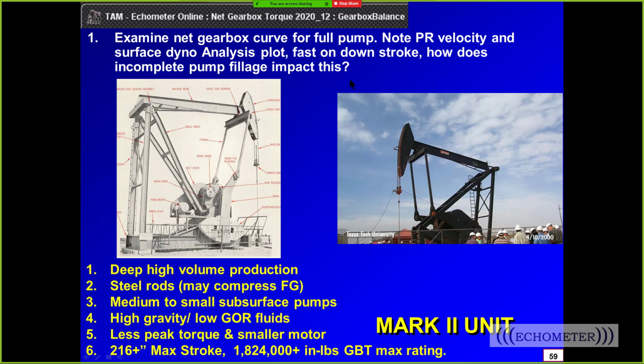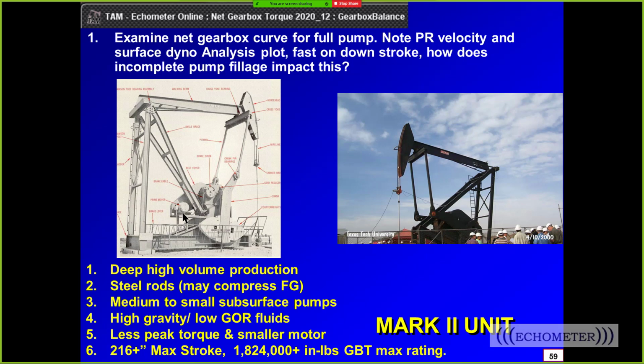The advantage of the Mark unit is typically if you put the gearbox inside the frame, the structure of the pump unit, you can typically have less horsepower and a smaller gearbox.